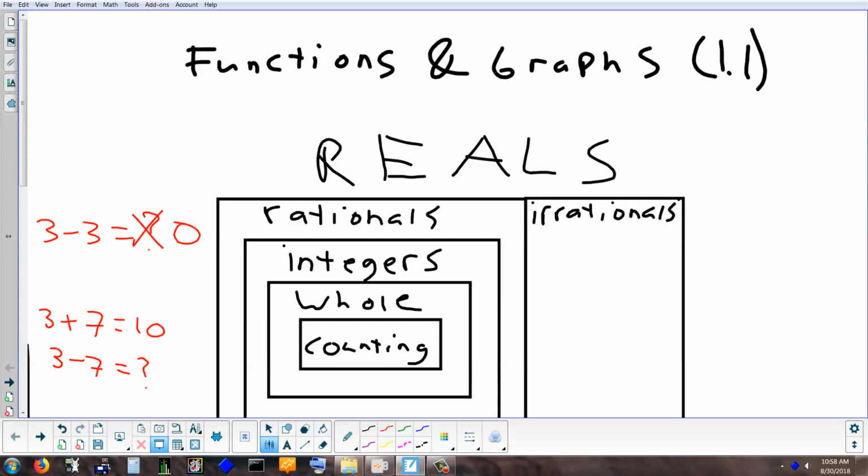But even with whole numbers, we can still run into some problems with arithmetic. And by problems, I mean take a whole number, take another whole number, do some operation with them, and the answer is not a whole number. Can anyone give me an example of a whole number, put an operation between them, and the answer is not a whole number?